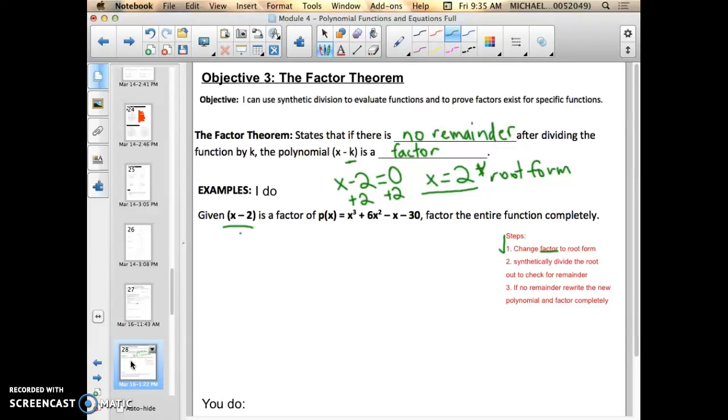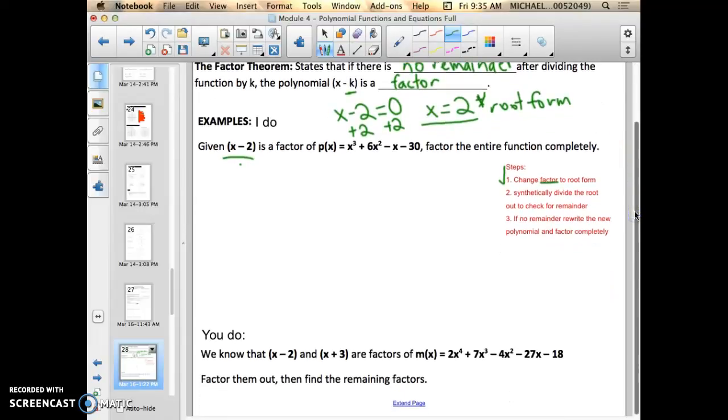This is review from the previous objectives at this point. I draw my synthetic division box. Now, in the factor it's x minus 2, but again, I'm going to use the root form. So I put the root of 2 here, or the value of x. Then I fill in the top with the coefficients in front of the variables. The first one is 1.